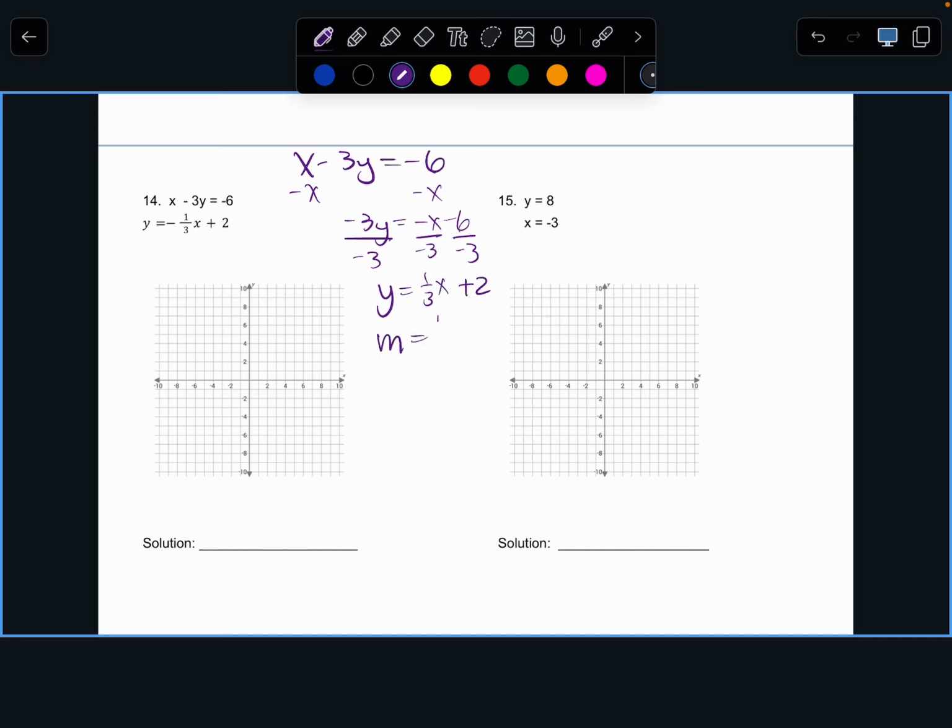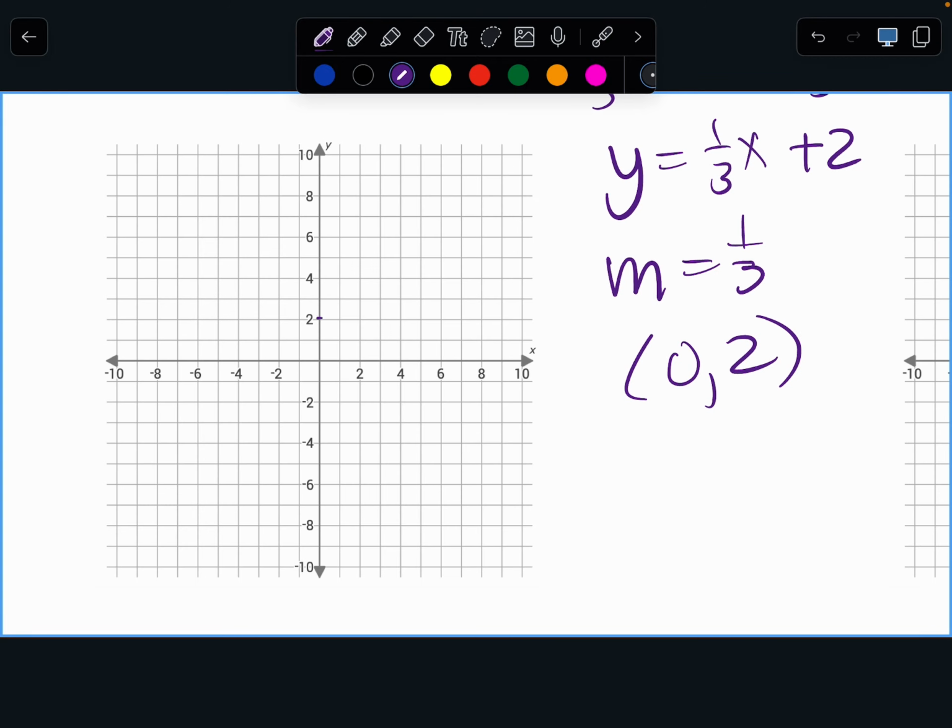So my slope is 1/3, sorry. And I have the point 0, 2. So I go to 0, 2. 1/3, so I go up 1 over 3, up 1 over 3, up 1 over 3. Or I could have gone down 1 over 3, down 1 over 3, down 1 over 3.